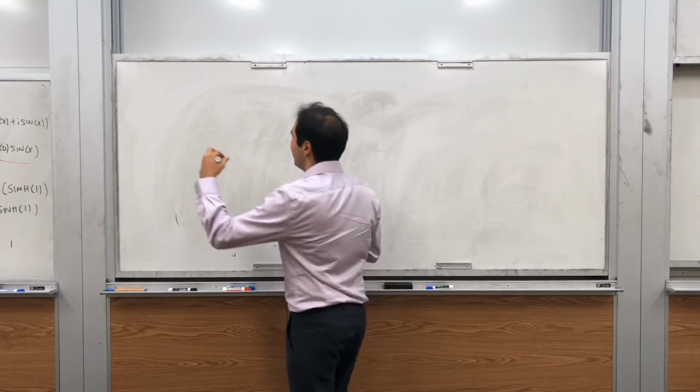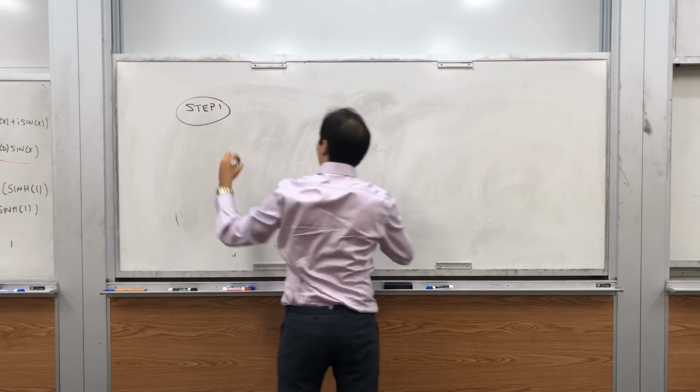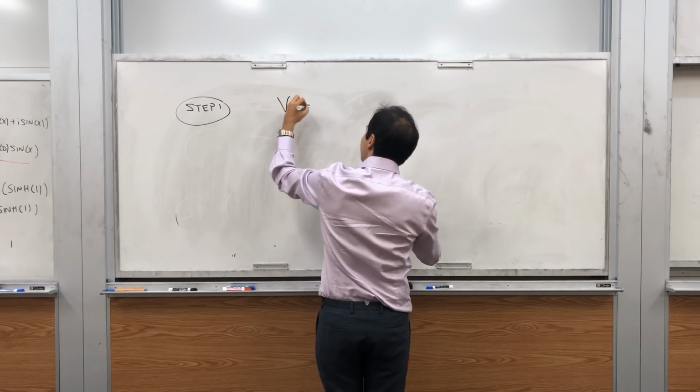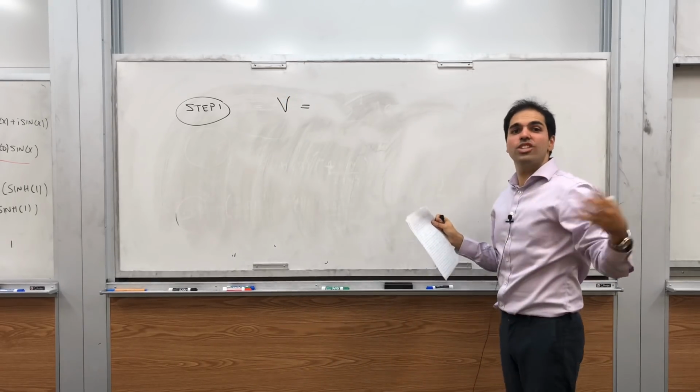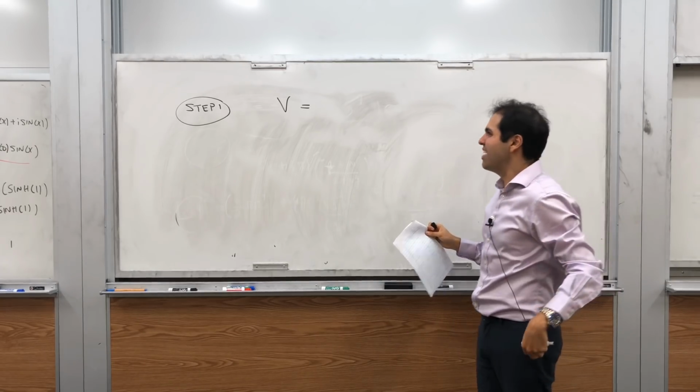Well, first of all, step 1. How do you calculate the volume of an object? Well, I want to say triple integral in 3 dimensions or double integral in 2 dimensions.